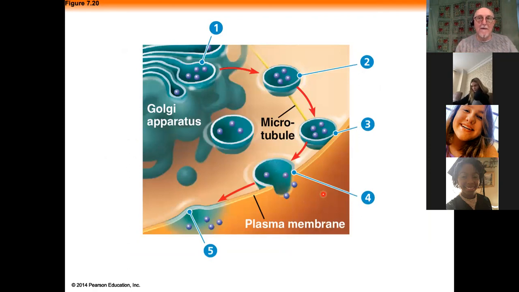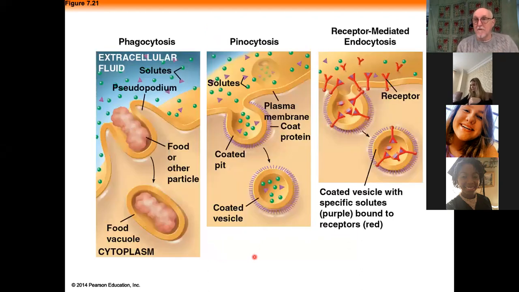These are all methods of bulk transport. Those diffusive methods we've talked about, that was for moving molecules. This is for moving actual substances, even things as big as foodstuffs, into and out of the cell.